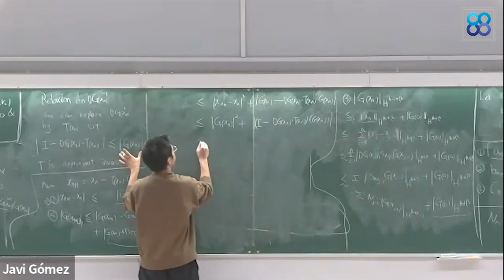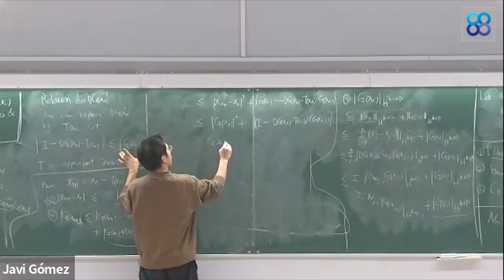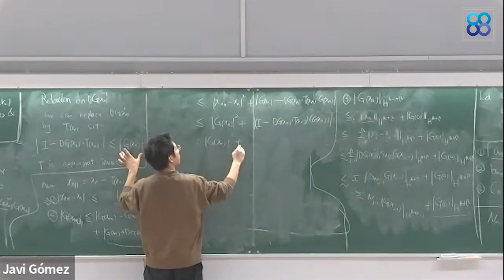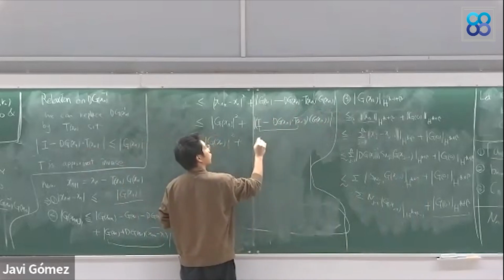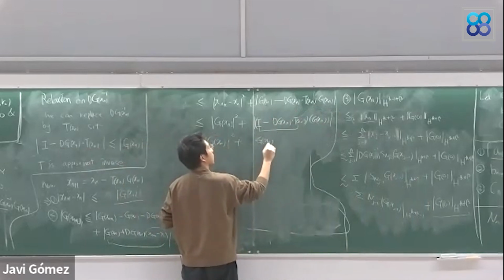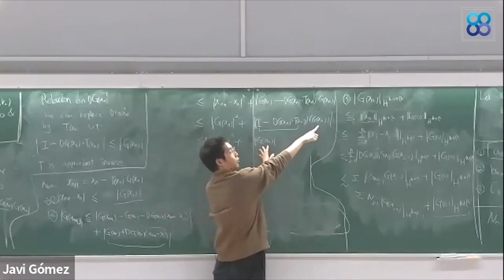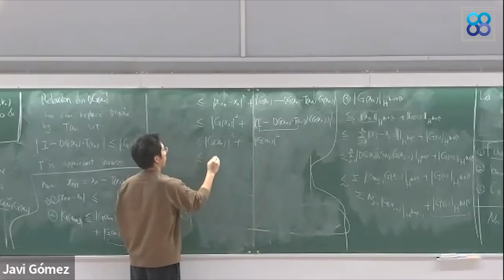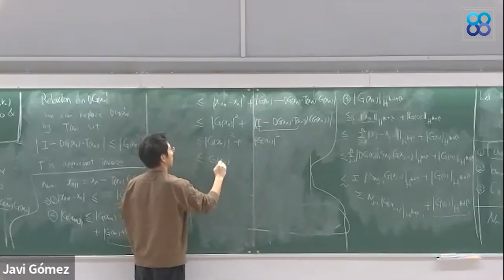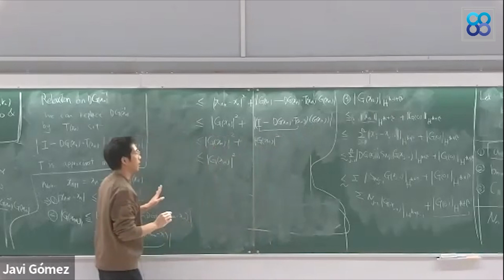So we get g(x_n) squared plus this guy is less than g of x_n. But we have another g of x_n here, so we get squared. But in the end, we have squared like this.